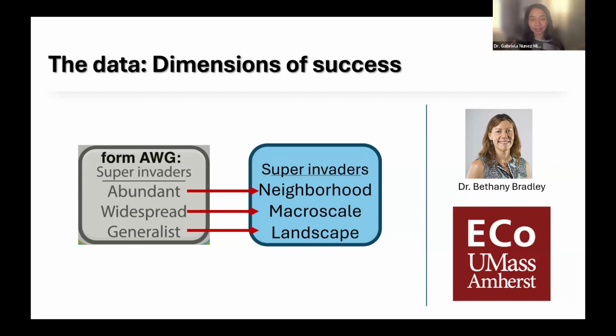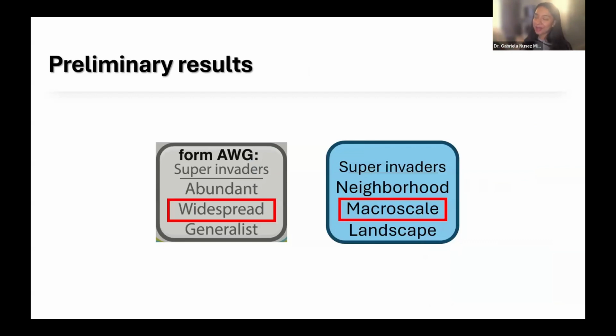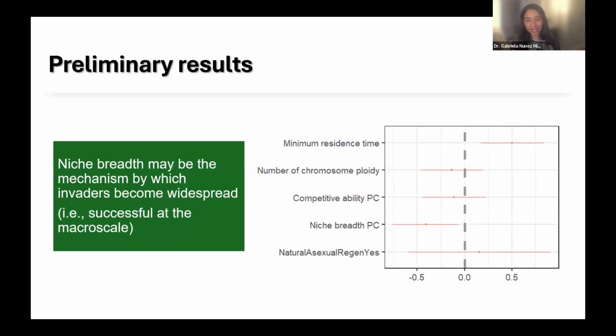Now, for today, I will be showing some preliminary results just on that macro scale, widespread dimension, as I mentioned. As you saw before, my lab is called the Macroscale Ecology and Conservation Lab, so it's the dimension I was most interested in. We started there, and these are the results that I'll be showing shortly.